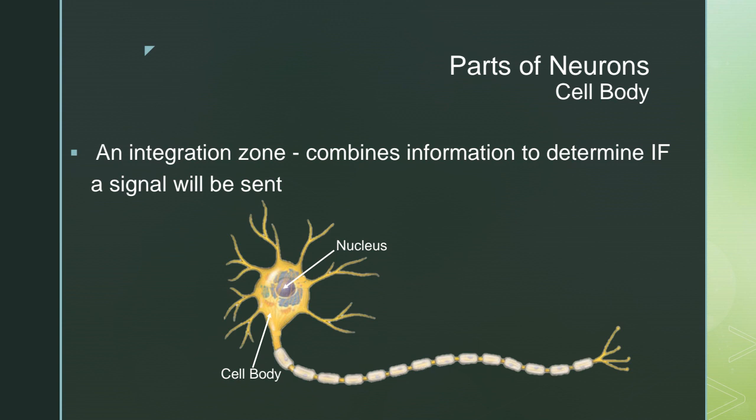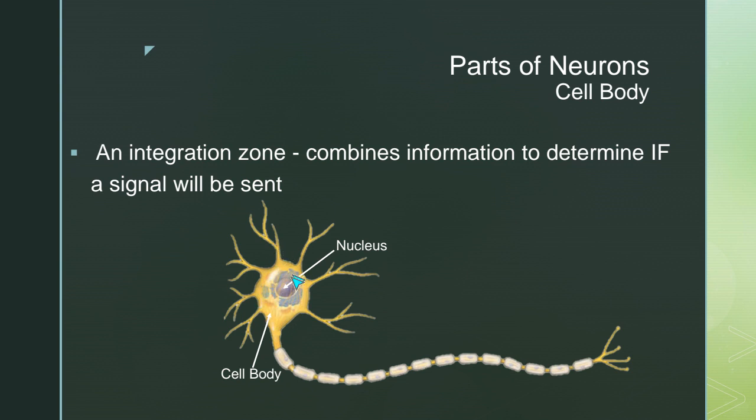The key thing that we need to know for this class about the cell body is that it's an integration zone. Information received from other neurons is received through these little extensions off the cell body, which we'll get to in a minute. Incoming signals from other cells are received by these branch-like structures, and then they are integrated in the cell body.